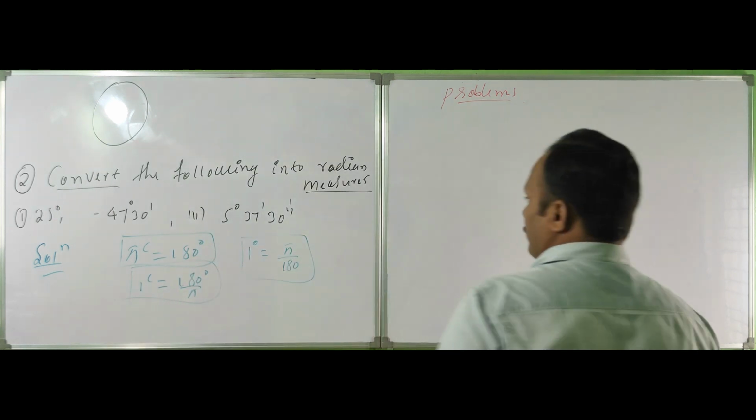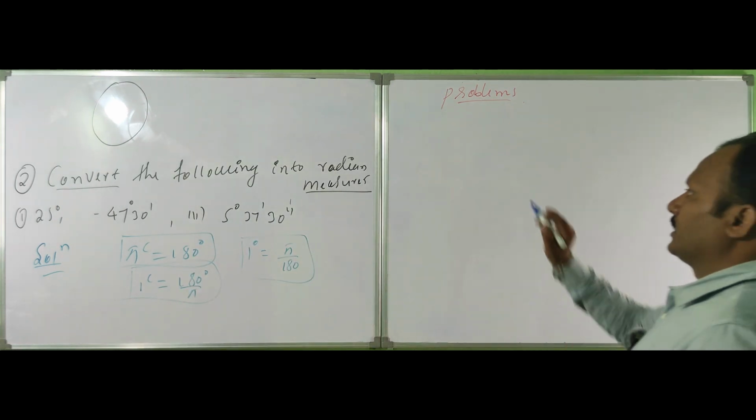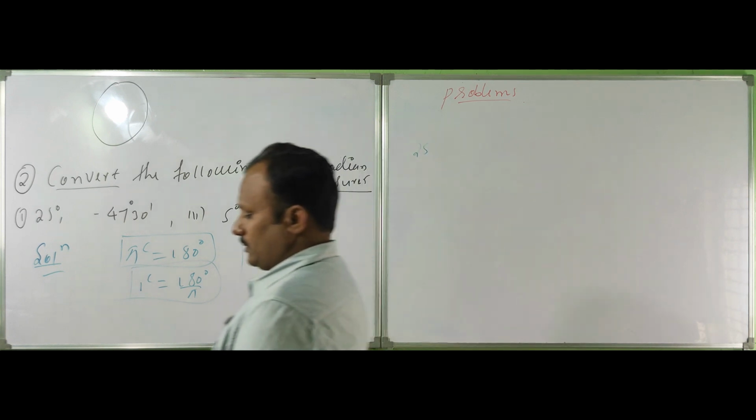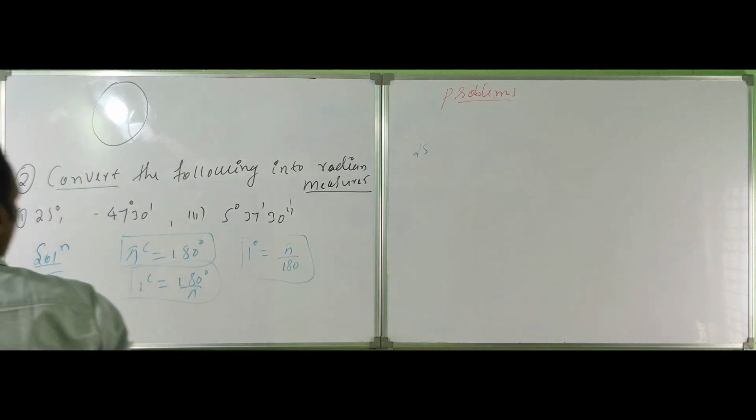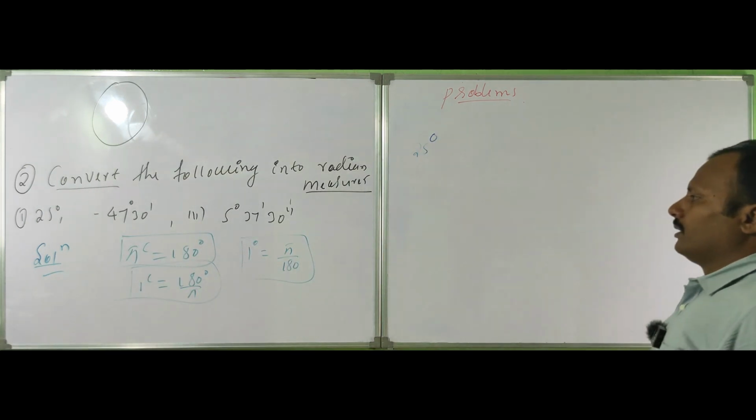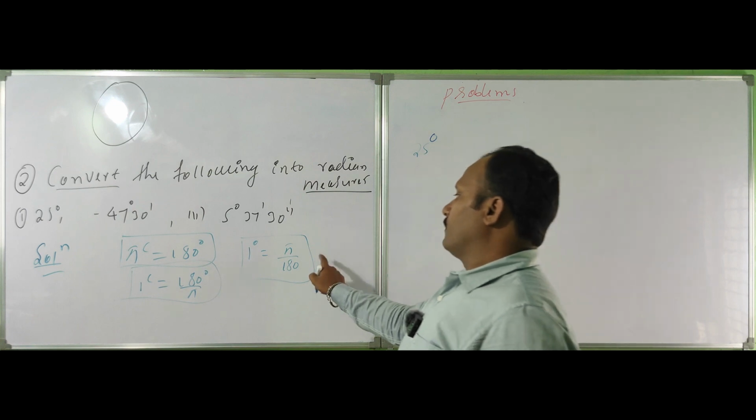What is given? 25 degree. For 1 degree it is pi by 180.